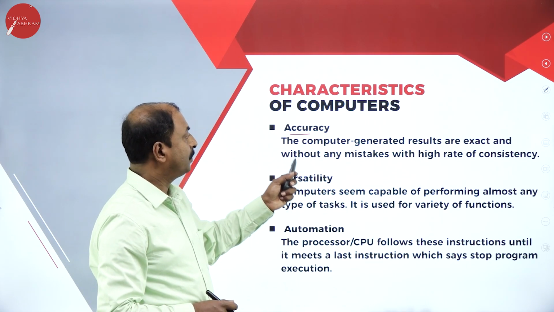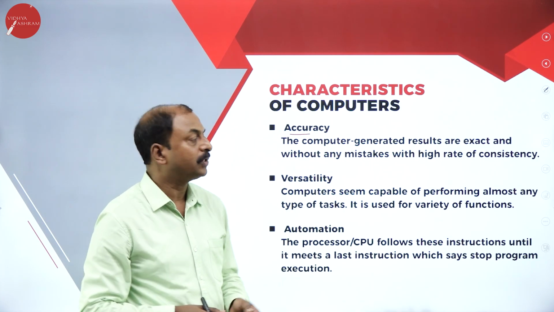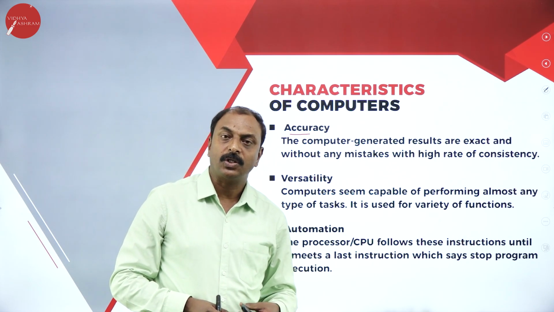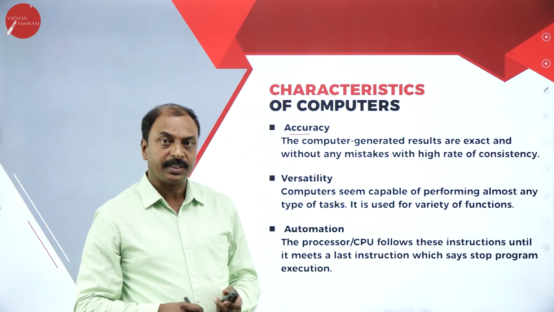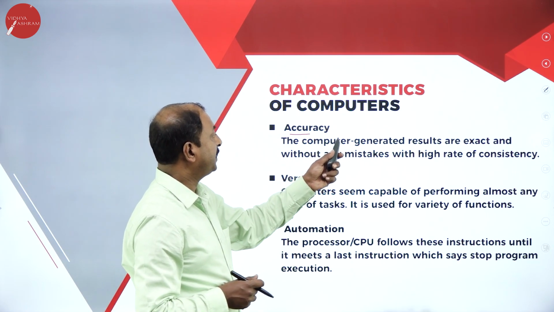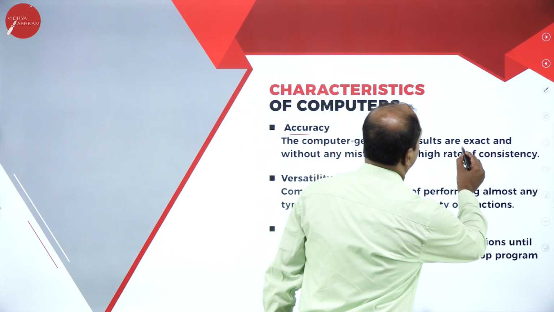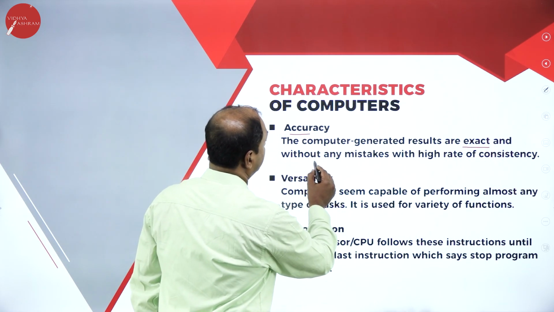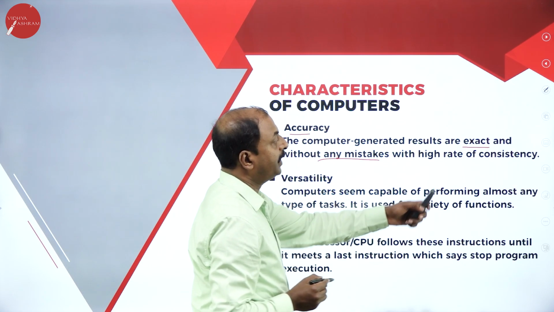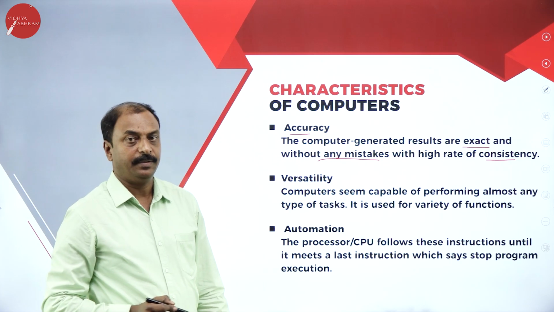If at all there are any mistakes in our result, that is not because of the computer, but because of the programs or instructions given to it by the user. So computer generated results are exact and without any mistakes, with a high rate of consistency. That is nothing but accuracy.